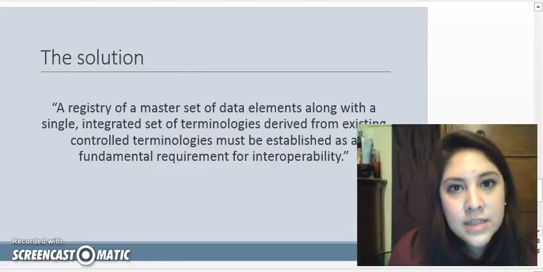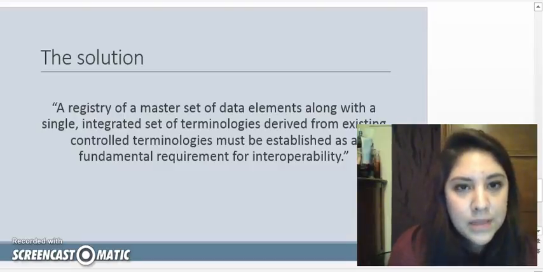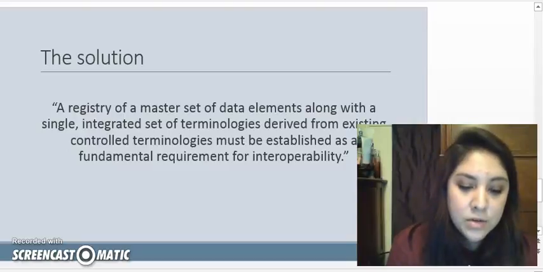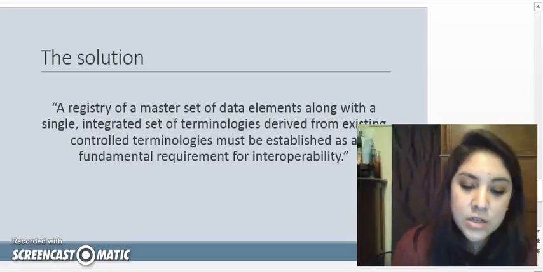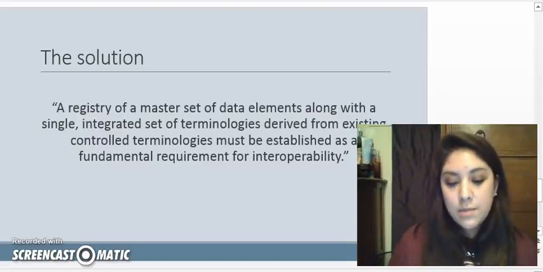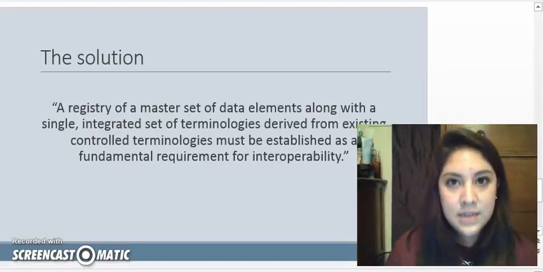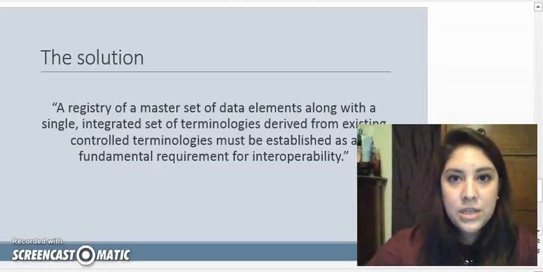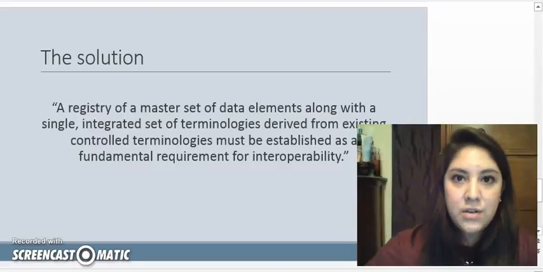So the author lists some solutions, his own solutions. He believes the best way to handle health data standards is a new elected board in the private sector with the authority to manage all aspects of health data. I believe a government agency would be better suited to handle the standardization of HDSs.